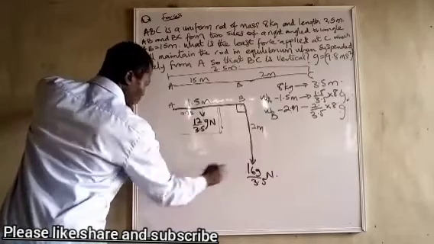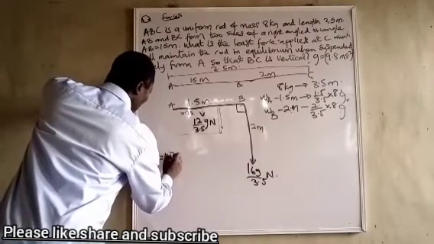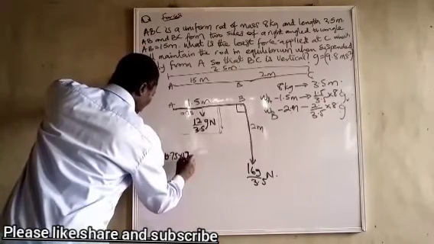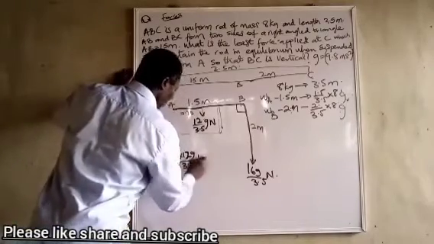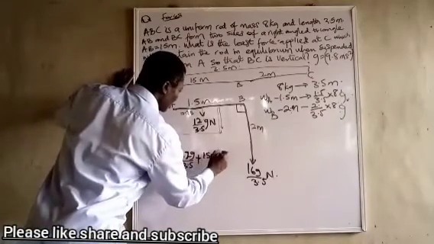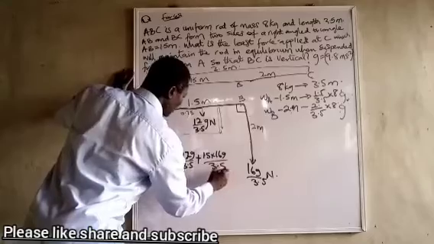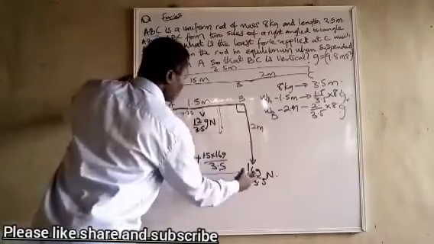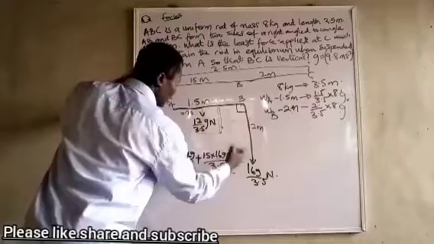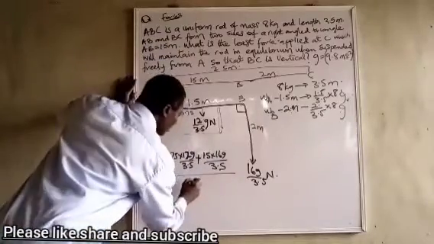Which is going to be 0.75 times 12g over 3.5 plus 1.5 times 16g over 3.5. So we now divide this with the total weight, and if you add this one and this one, you are going to get 8g.